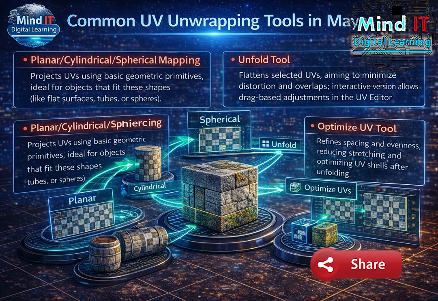Planar, cylindrical or spherical mapping projects UVs using basic geometric primitives, ideal for objects that fit these shapes. The Unfold tool flattens selected UVs, aiming to minimize distortion and overlaps. The interactive version allows drag-based adjustments in the UV editor. The Optimize UV tool refines spacing and evenness, reducing stretching and optimizing UV shells after unfolding.